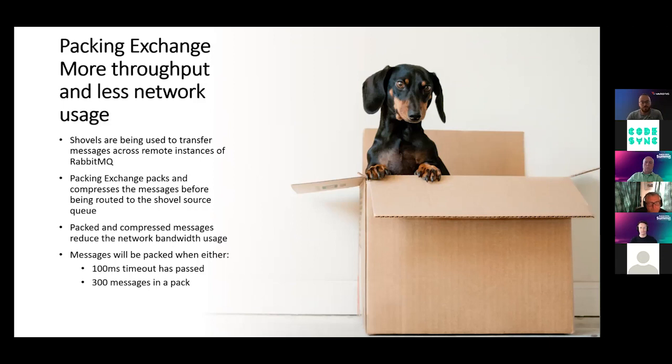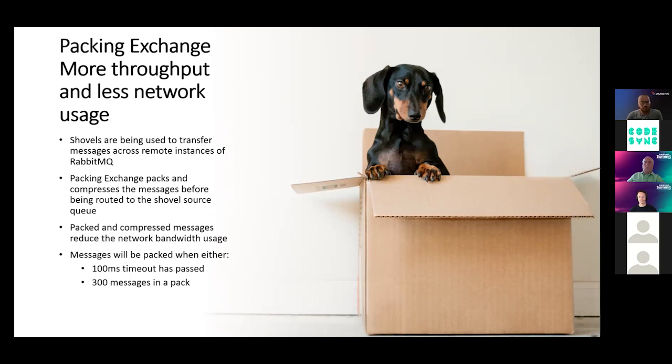The Packing Exchange packs the messages and compresses them together, and then routes them to the destination queue. From the destination queue, the Shovel is going to pick them and send them to the remote RabbitMQ.